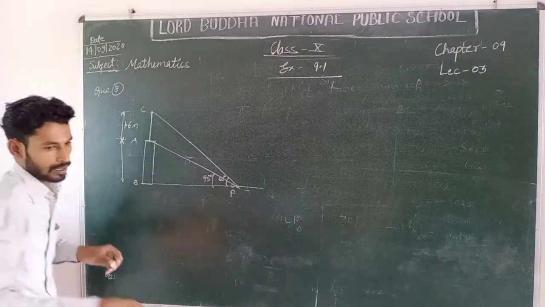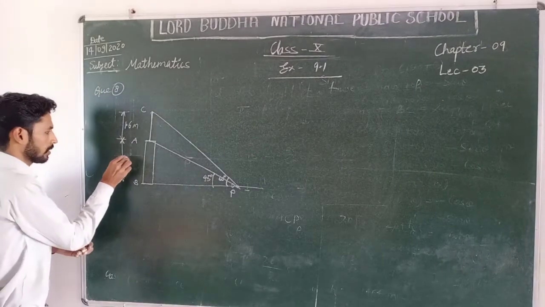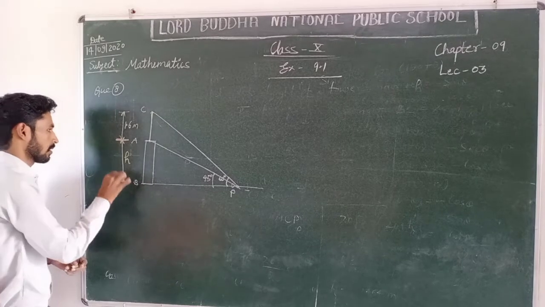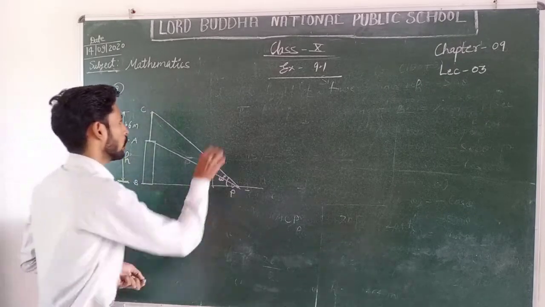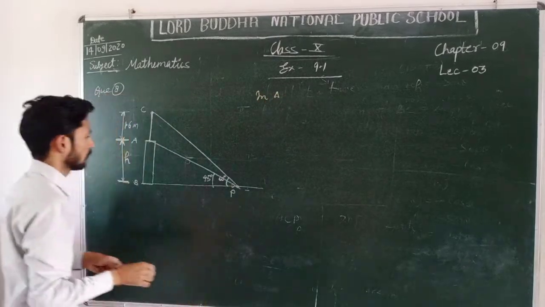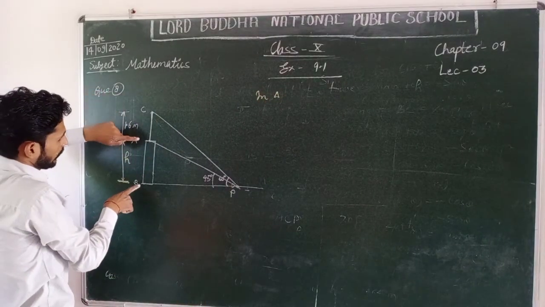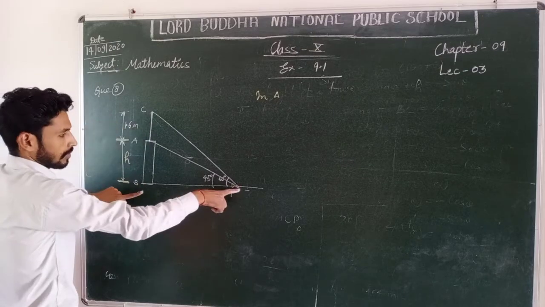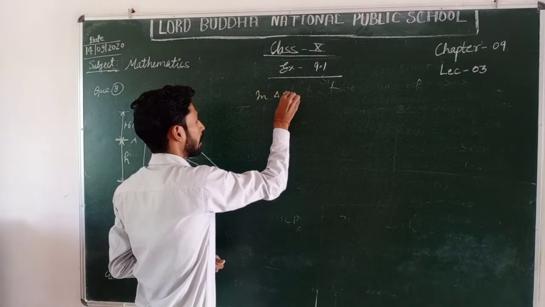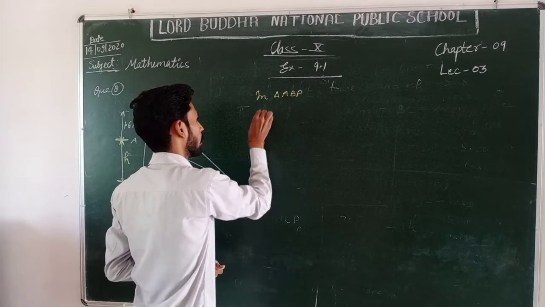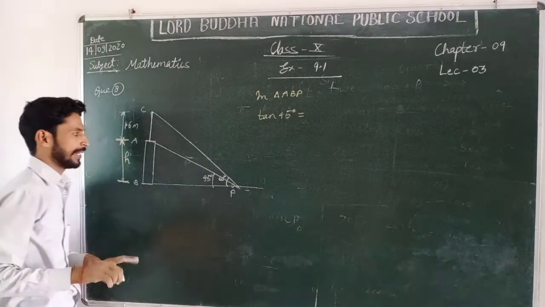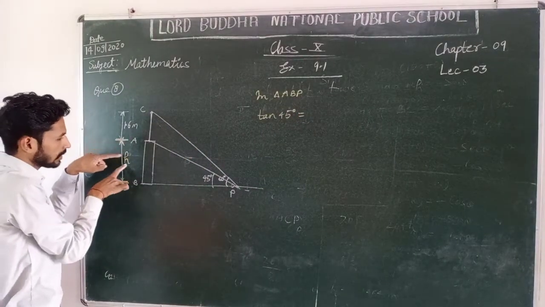Suppose that the height of the pedestal is h. Okay, so in triangle ABP, tan 45 equals perpendicular upon base, and perpendicular is h.